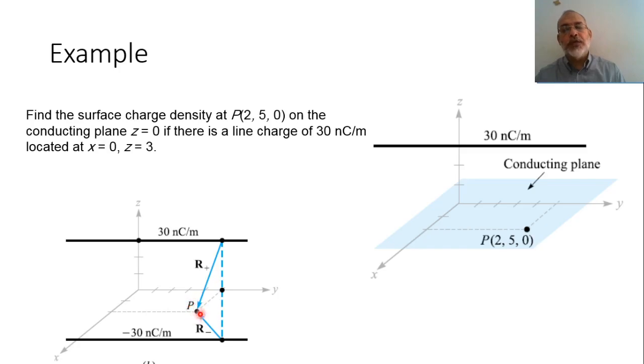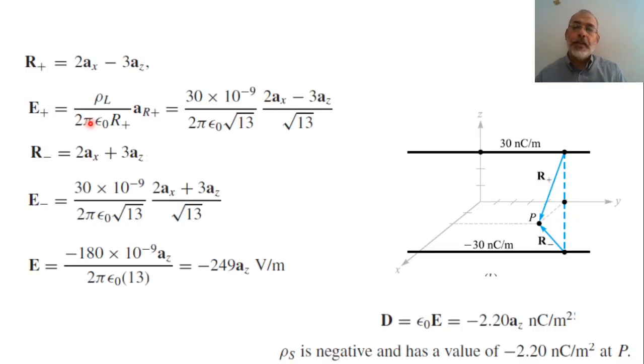From the electric field, the electric flux density would be epsilon naught multiplied by the electric field, and from that we can find the surface charge density, which is the required quantity.